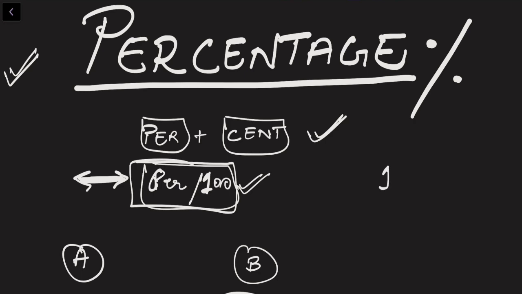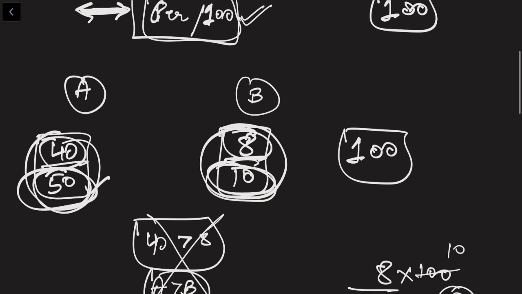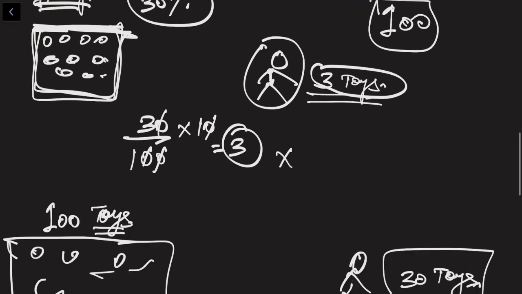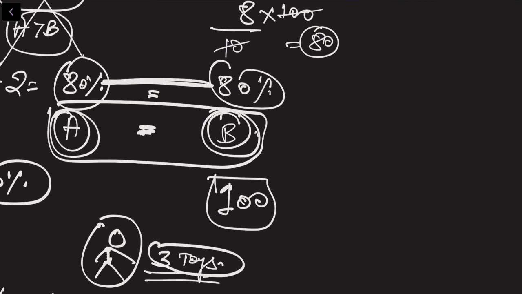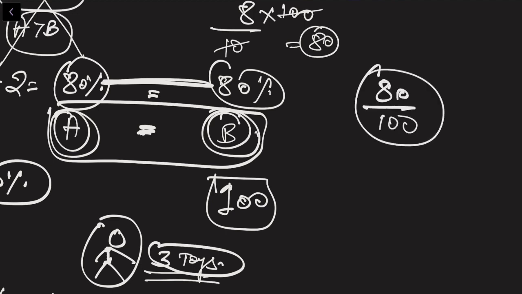Out of 100, if I see here that A has got 80% marks, both of them have got 80% marks, which means 80 out of 100. If the total marks were 100, then A has got 80 marks. 80 marks out of 100, or you can say 80%.